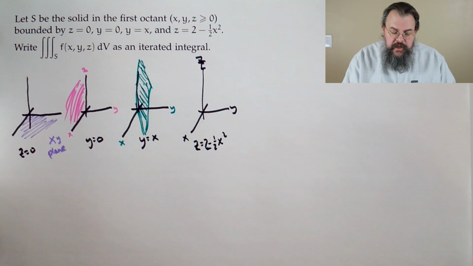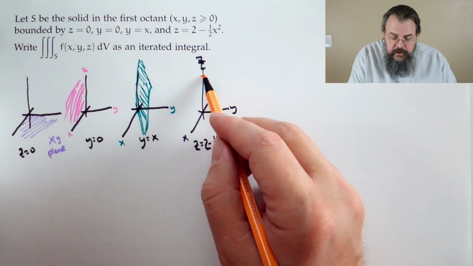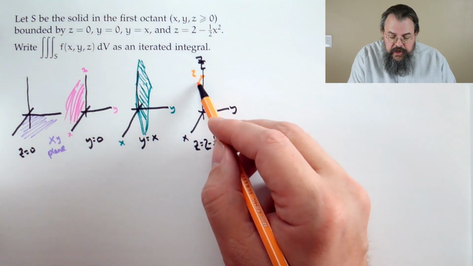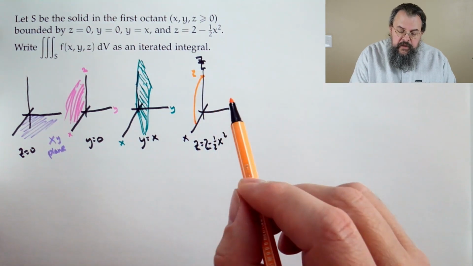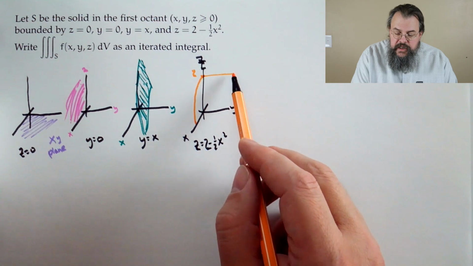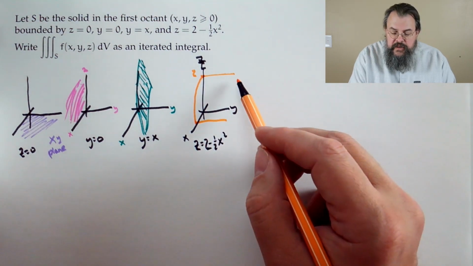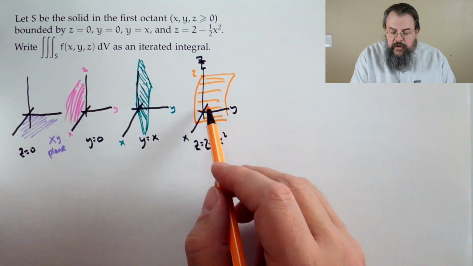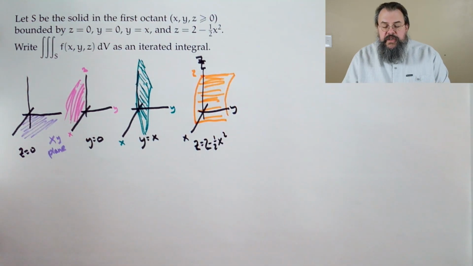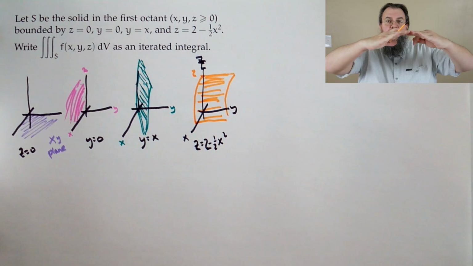So we can think of it as coming up here to 2 and opening down. And so that's the parabola, and of course it's just going to translate over. Since there's no y, it just goes across. So there's the picture. It's coming down.